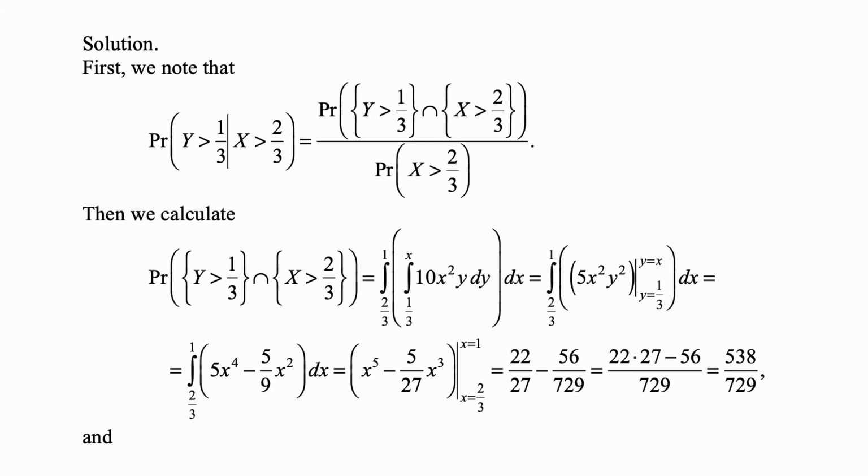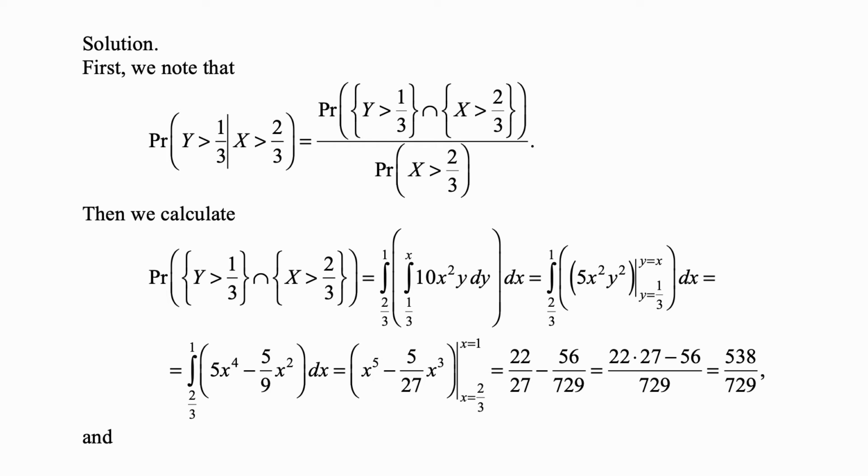And the joint density is 10x squared y, so we take the integral with respect to y first and then with respect to x. So we do this integral with respect to y first, and we get 5x squared y squared as the function whose derivative is 10x squared y with respect to y, of course. So we evaluate this function from y equal to 1/3 to y equal to x, and then we take the integral of the result from 2/3 to 1 with respect to x.